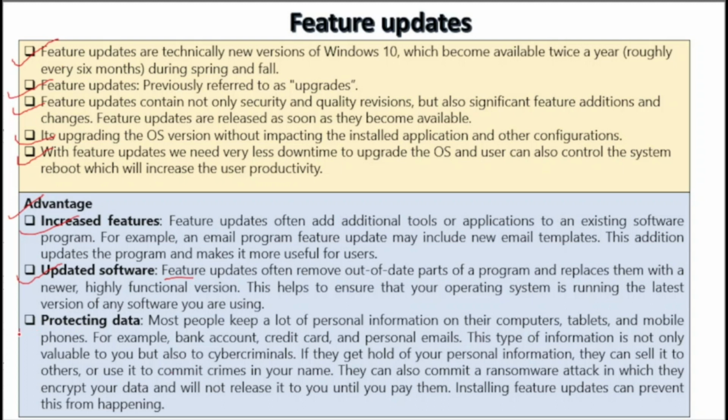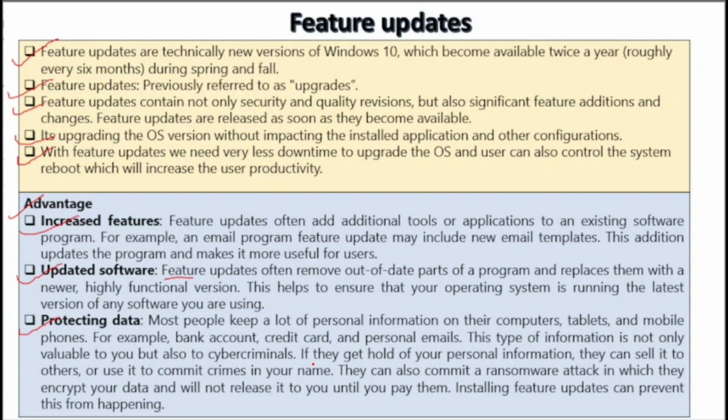Feature updates help in protecting your data. Most people keep a lot of personal information on their computers, tablets and mobile phones, for example, bank accounts, credit cards and personal emails. This information is valuable not only to you but also to cyber criminals.